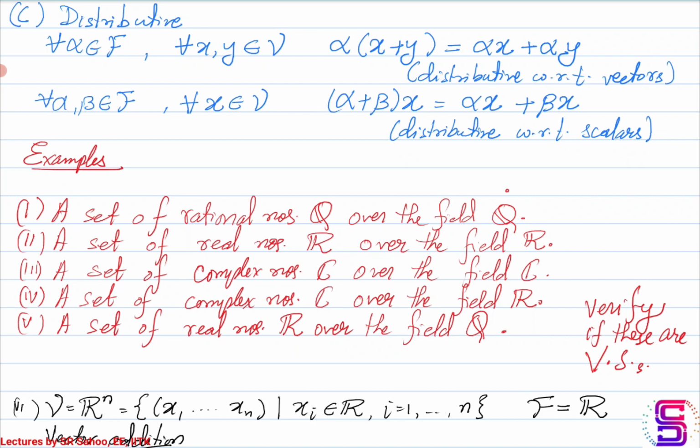This is distributive with respect to the scalars. Okay, so the two distributive properties that one has to satisfy are distributive with respect to the vectors, and the second is distributive with respect to the scalars that you have.